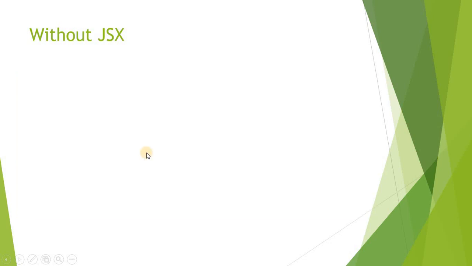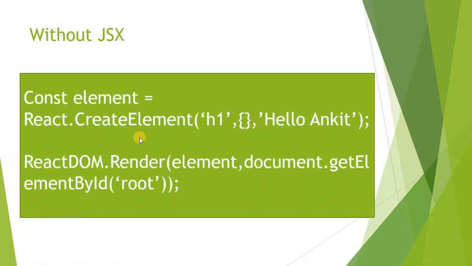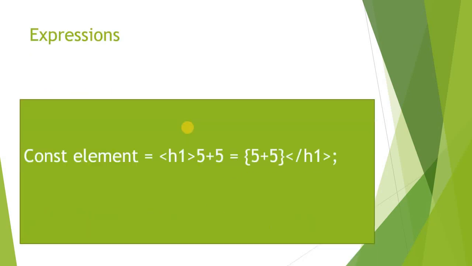So basically, whenever you define JSX code and create a particular element using const element, whenever you compile your code, the Babel or TypeScript compiler transcompiles your code into React.createElement.